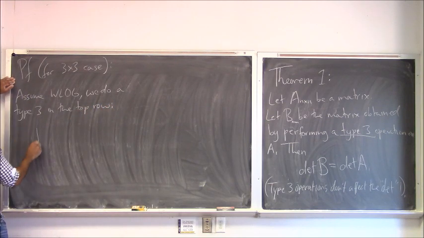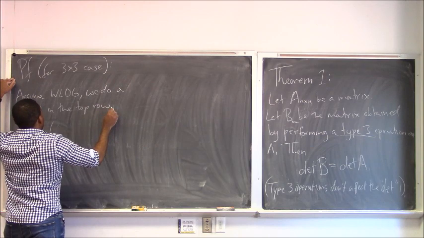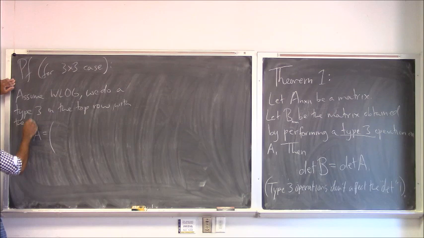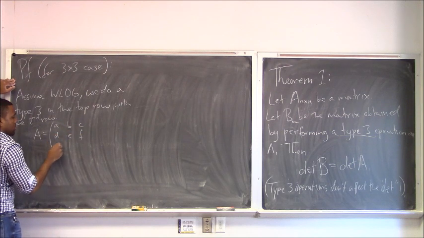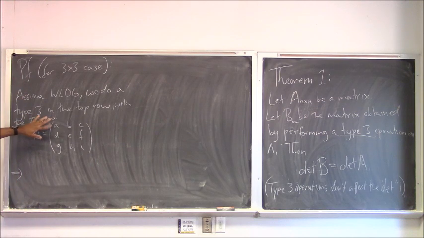So let's say my A is going to be something like A, B, C, D, E, F, G, H, I, then I'm going to do a type 3 operation between the first 2 rows, and it won't matter which 2 rows I pick, that's why without loss of generality.